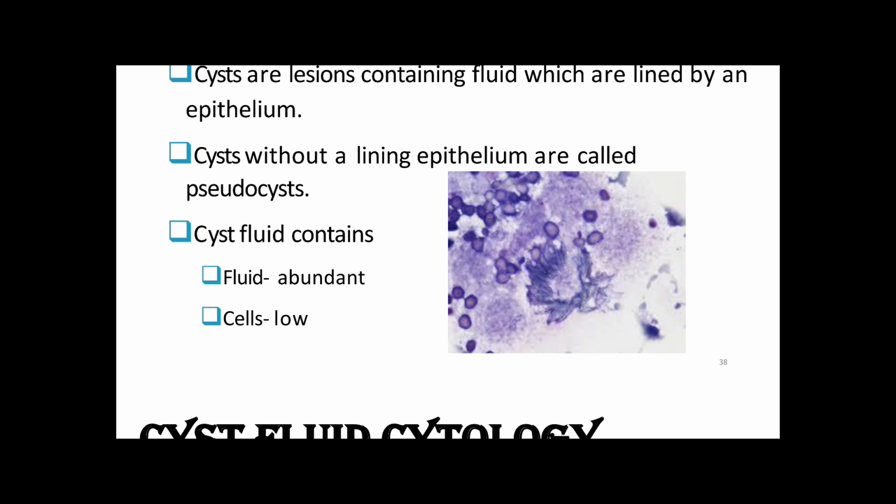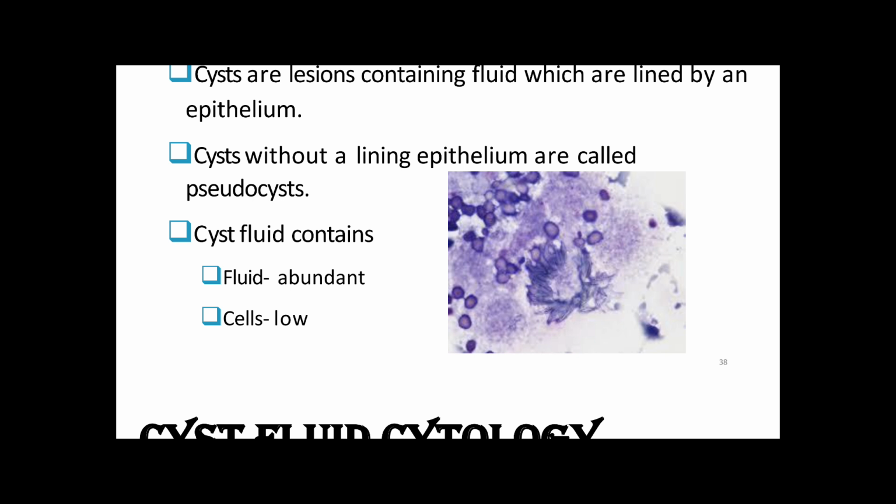So when we consider the cyst, it mostly contains the fluid part and a very low number of cells. We know the fluid part is higher and the cellular part is lower.